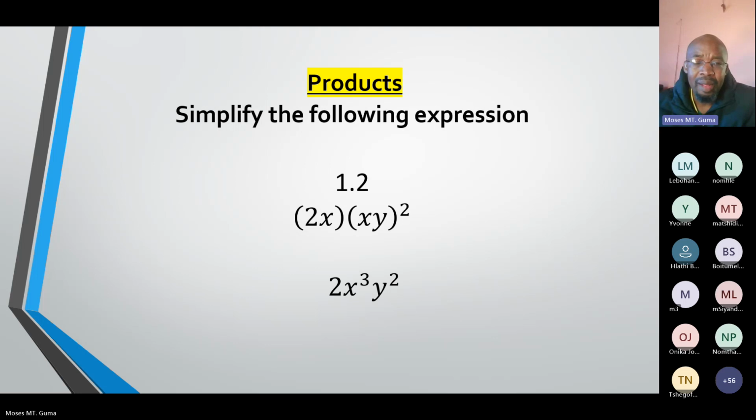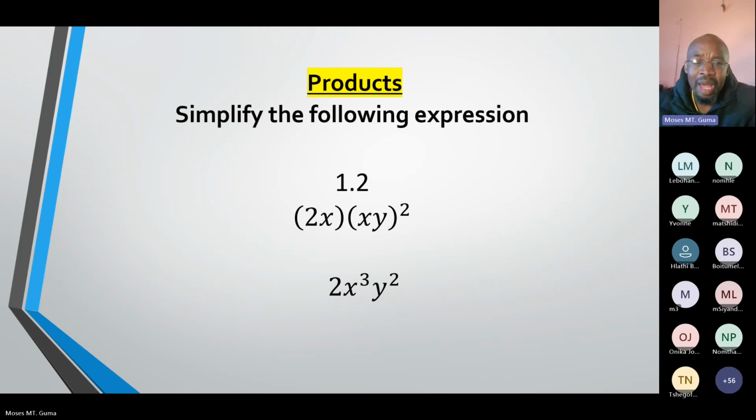Now, look carefully. It is 2x multiplied by xy, all raised to the power 2. Now, my learners and friends and colleagues, be careful with this one. Now, this actually says to you, take this bracket there and do what?